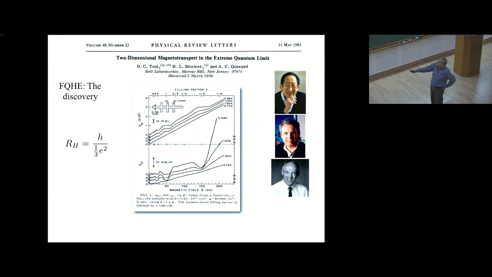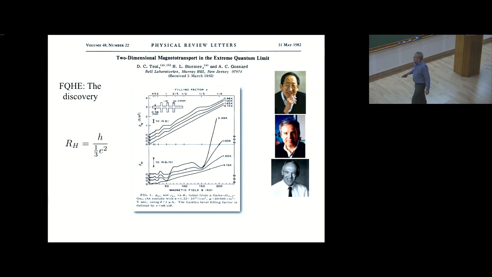They discovered a plateau here where the Hall resistance is given by h over 1/3 e squared. So instead of an integer, we have a fraction. This was extremely surprising because that, again, was not anticipated by our understanding of the integer quantum Hall effect.